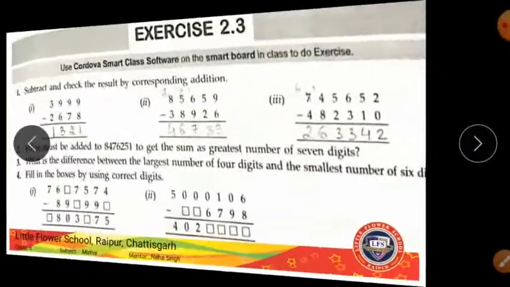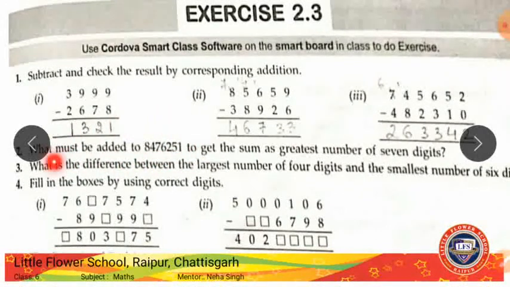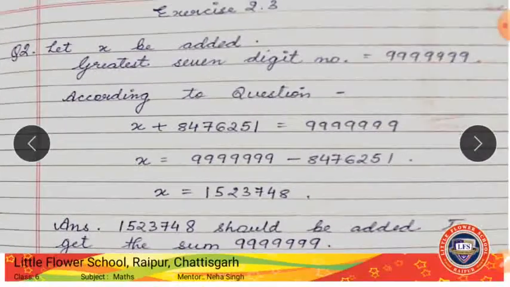And the question is asking what must be added. Since we do not know what number should be added, we will assume: let x be the number to be added. Now, according to the question, adding x to the given number should give 7 times 9, that is the greatest 7-digit number.